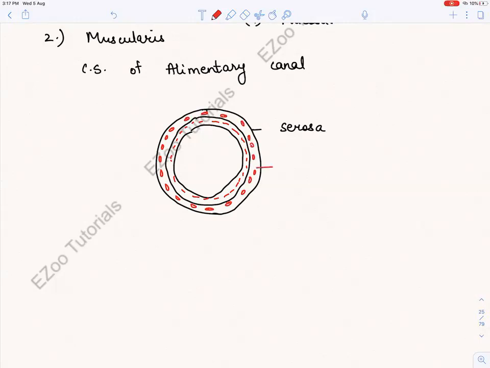This is the longitudinal part, and this is the circular part, and this is making the muscularis.